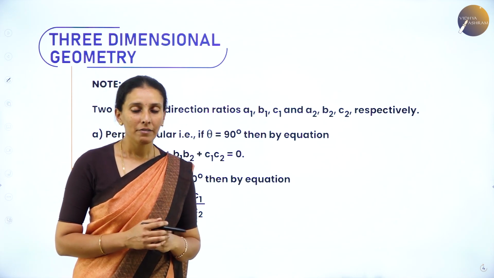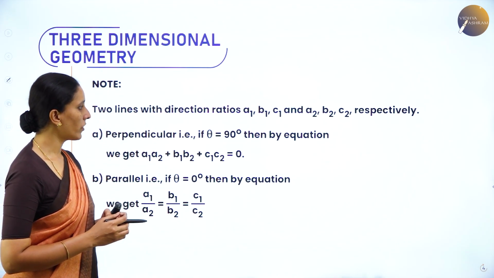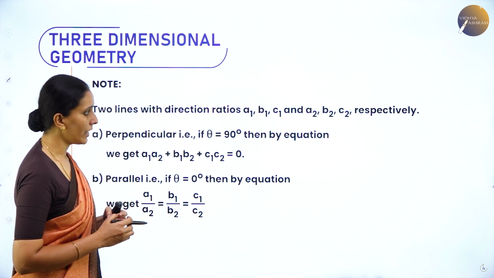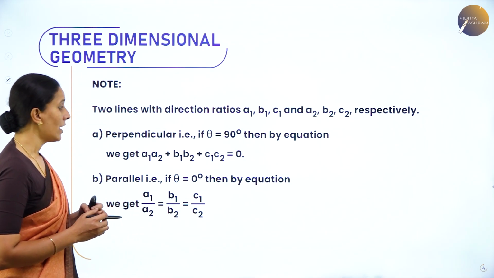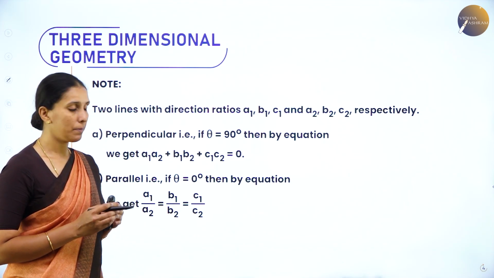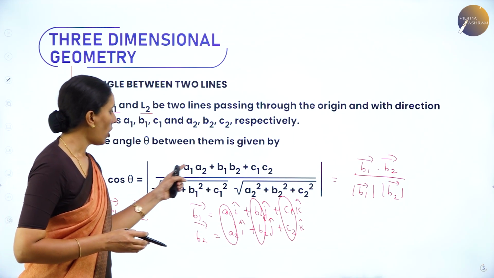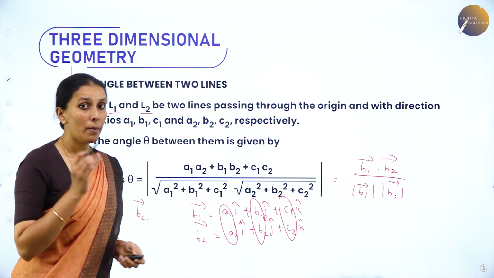Now, some observations. If two lines with direction ratios A1, B1, C1 and A2, B2, C2 are perpendicular to each other, their dot product has to be 0. That means the dot product of b1 and b2 must be 0.